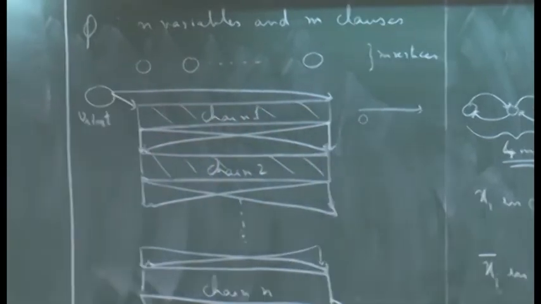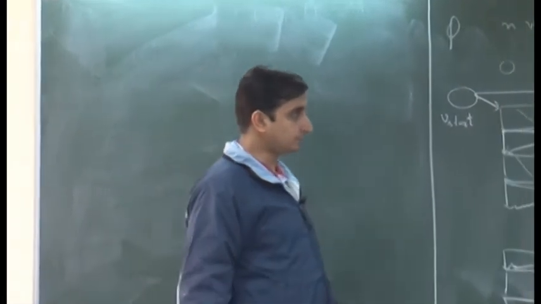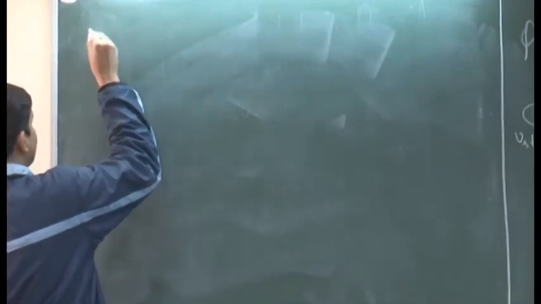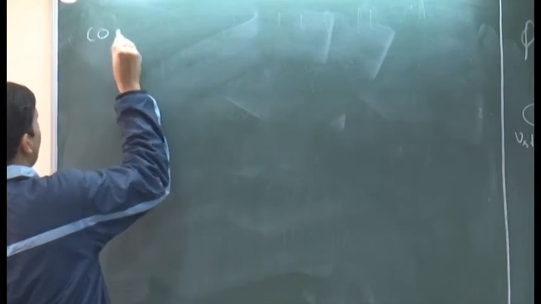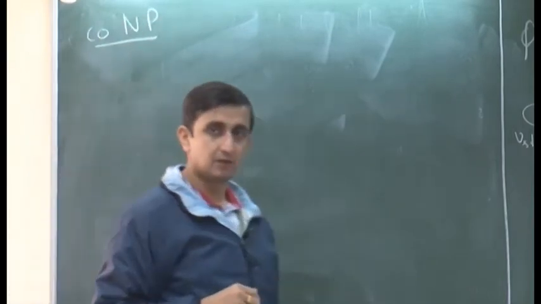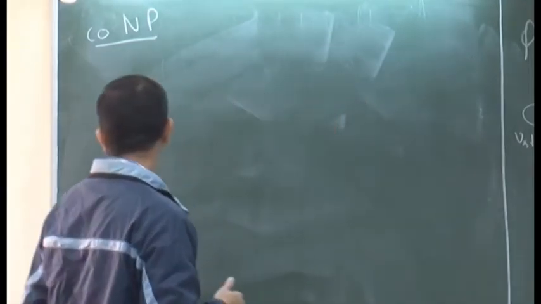So, let us move on to a different concept. We will define this complexity class known as co-NP. So, what is co-NP?